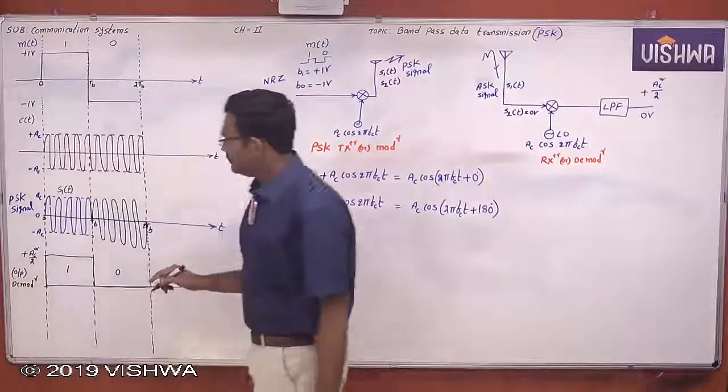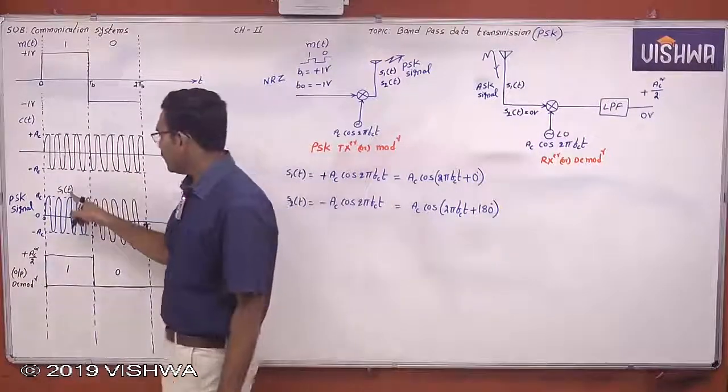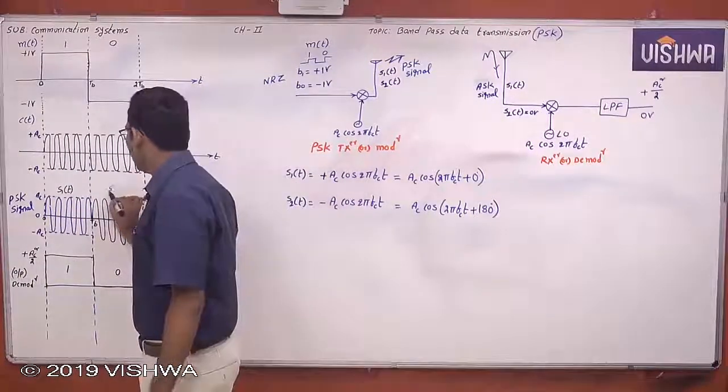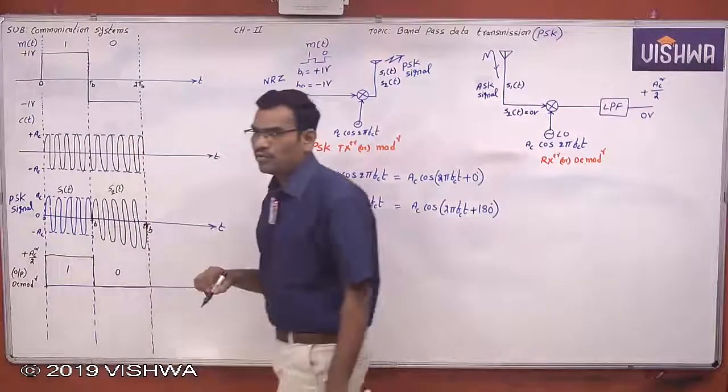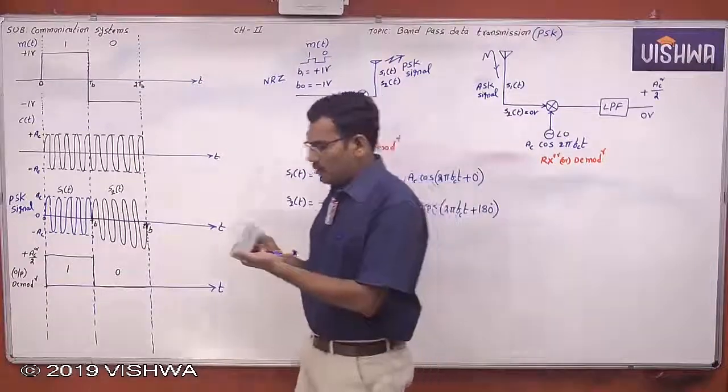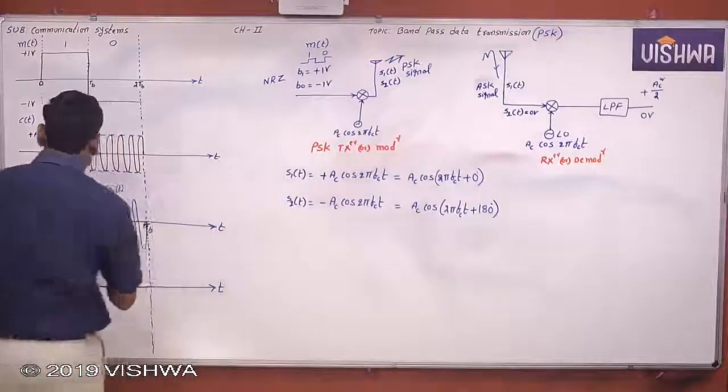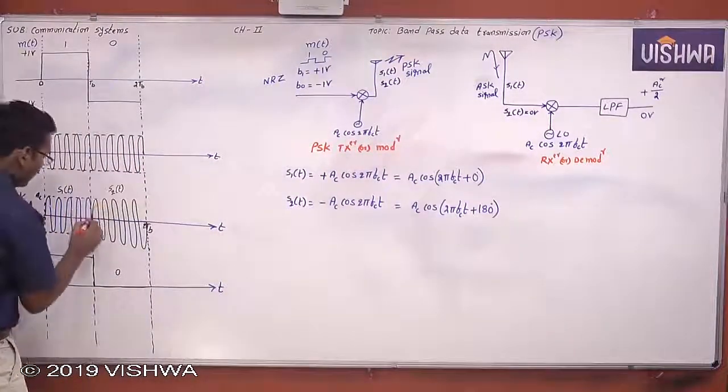Now see here, this is S1 of t and this is S2 of t. This is for binary 1 and this is for binary 0.